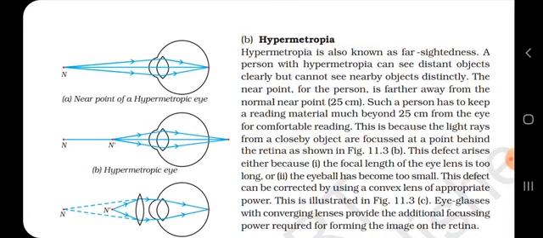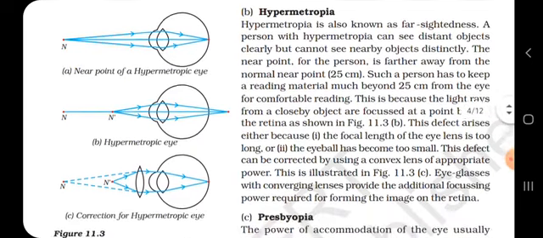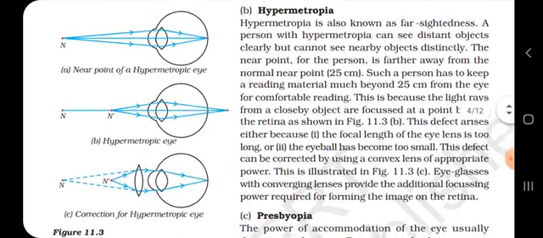And thus you can see in the figure 11.3 that the image is formed beyond the retina. Actually it should form on the retina. So here we need a correction for the hypermetropic eye, and the correction is a convex lens.